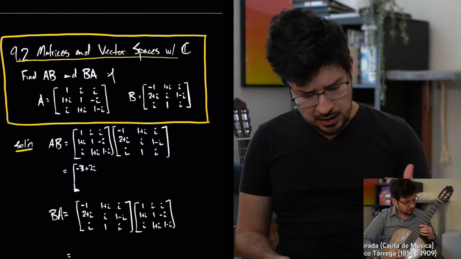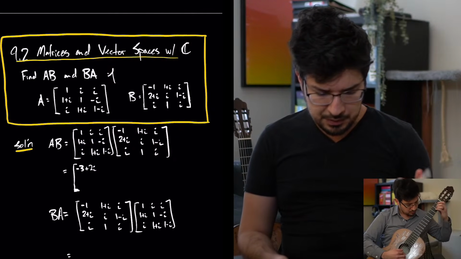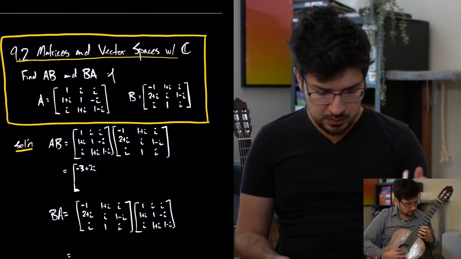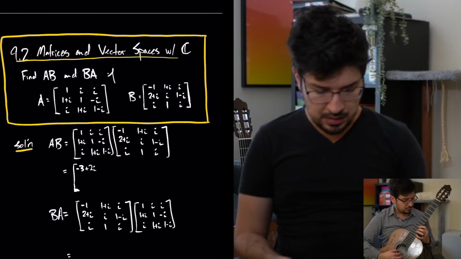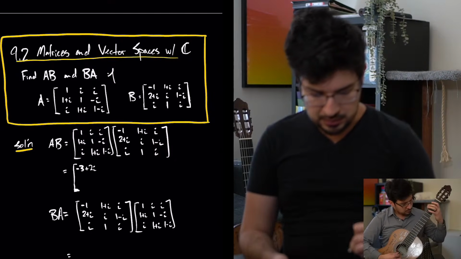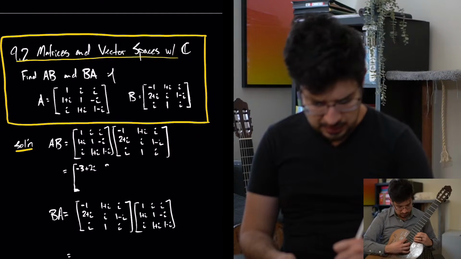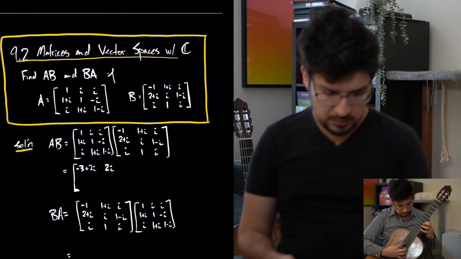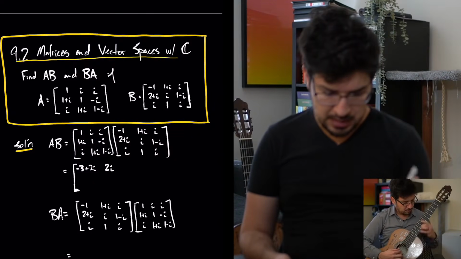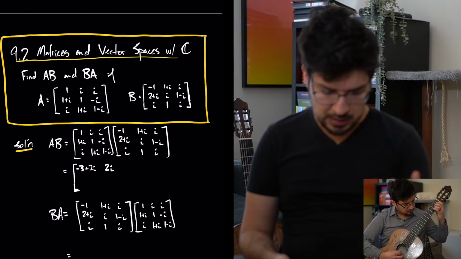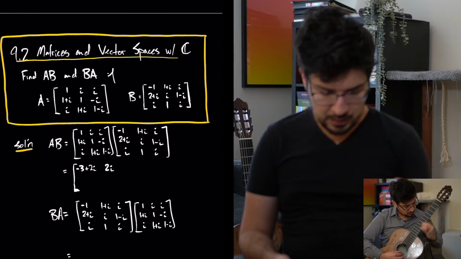Top row, middle column, we have 1 plus i minus 1 plus i. So I think that's 2i. Yes, that's right.